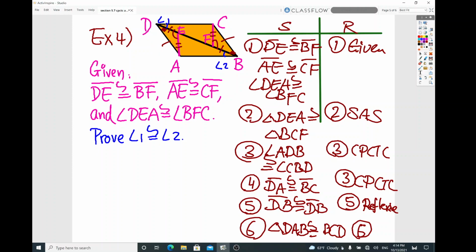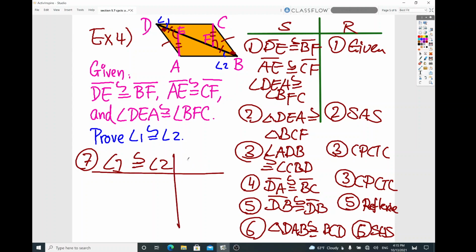So we got a side, angle, side. So we actually did that. So for the final statement and the reason, step 7. Since we proved that these two large triangles are congruent, that means angle 1 is congruent to angle 2, with the reason CPCTC.